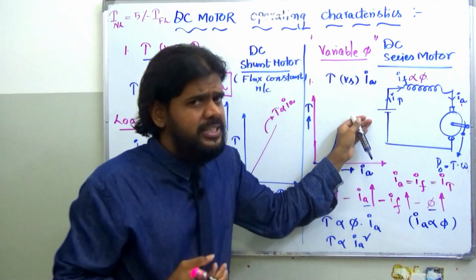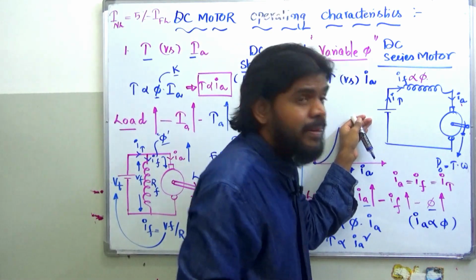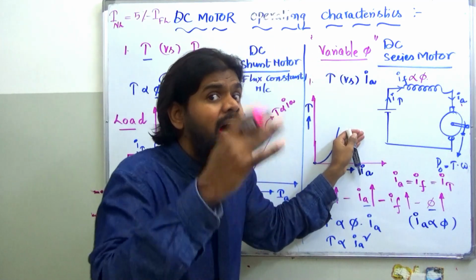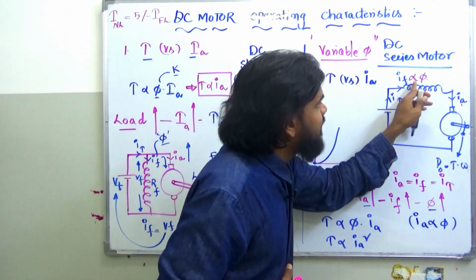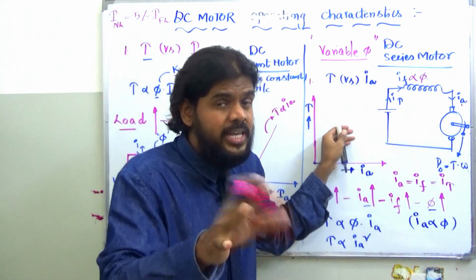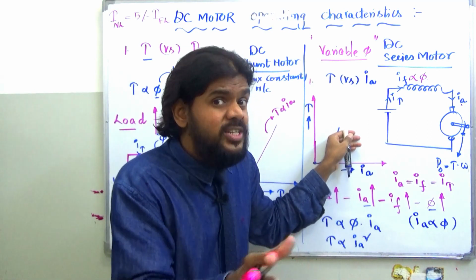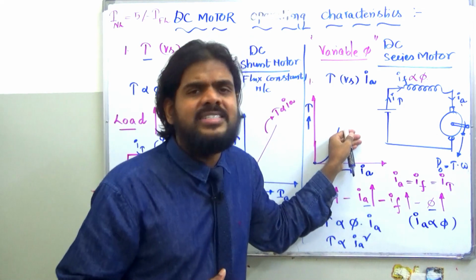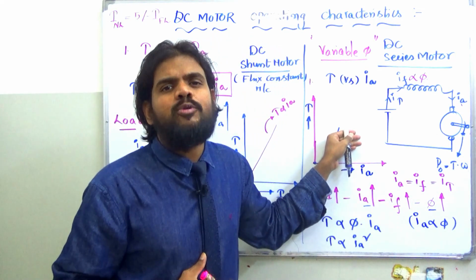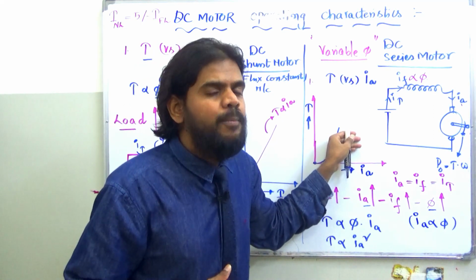But as Ia is increasing to higher levels, the flux that is supposed to increase along with Ia, along with If, both being the same, will stop having that proportional change as it moves on to higher levels. I hope you are getting me.